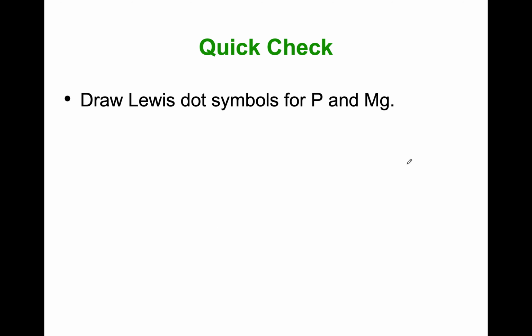So we can go again with any element, doesn't matter where. So go ahead and pause the video and draw the Lewis symbols for phosphorus and magnesium. And remember, you're going to see patterns because phosphorus is in the same group as nitrogen. That means phosphorus has 5 valence electrons, nitrogen has 5 valence electrons.